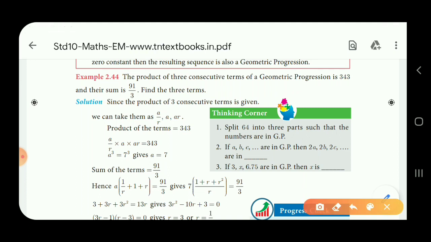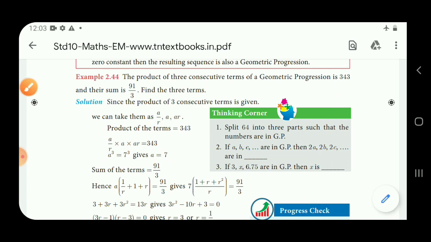Solution: since the product of three consecutive terms is given, use the formula for three consecutive terms of a GP, a by r, a, ar. The product a by r into a into ar equals 343. So cancel this r and this r. Remaining, we get a cube equals 343, that is 7 cube, so a is equal to 7.